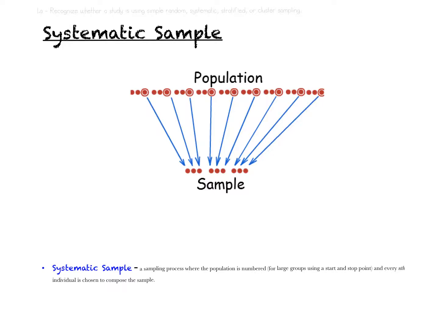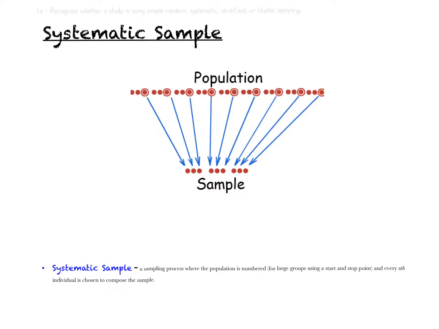So is this a simple random sample? It's not, because by definition, a simple random sample means that every individual has an equal chance of being selected. So if I number all of my students based on their last name, because this person's last name starts with an A, they already are ruled out.